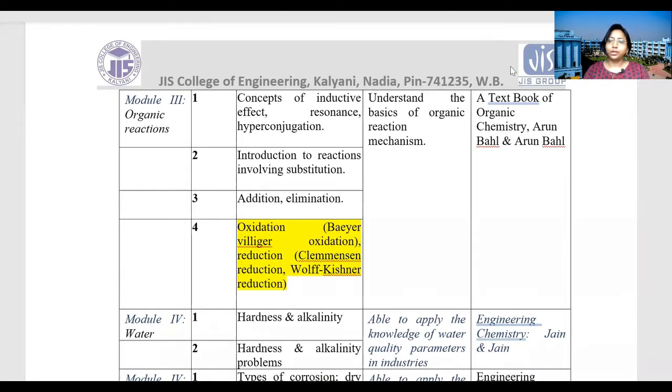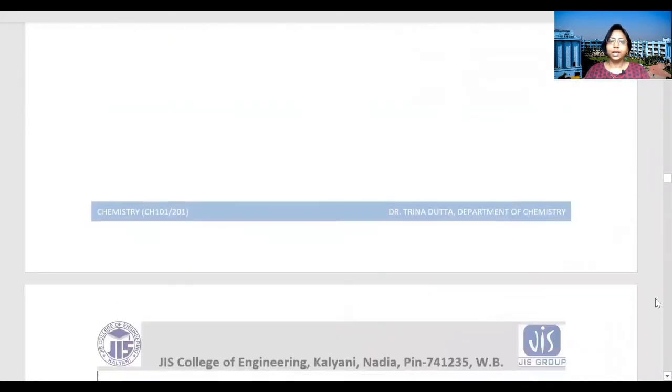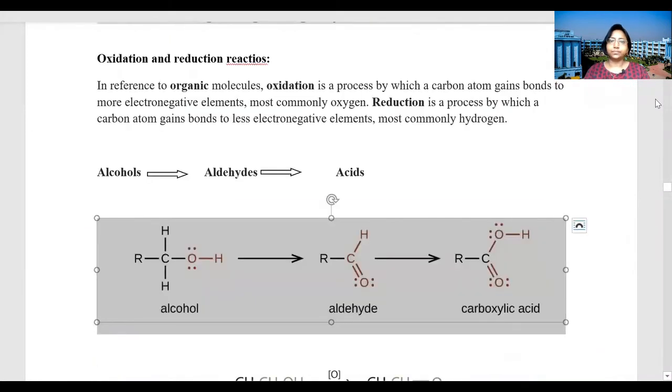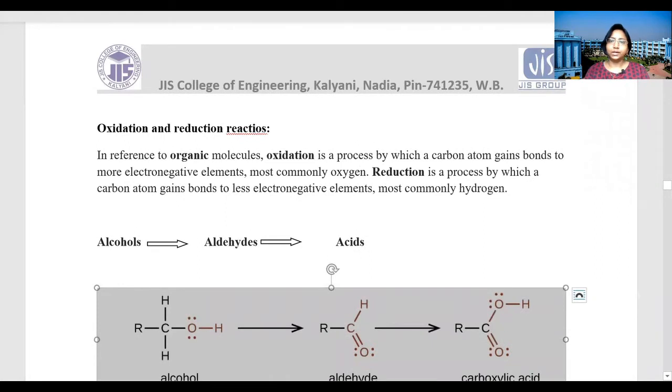First of all, you need to know what is oxidation and what is reduction. You already know what oxidation and reduction are, that is very common. You already learned it in your HS standard.